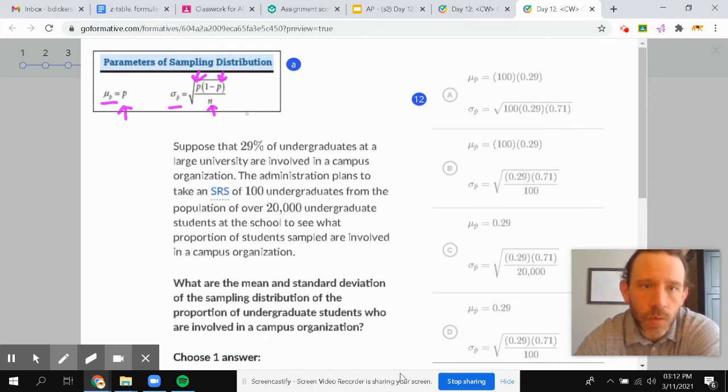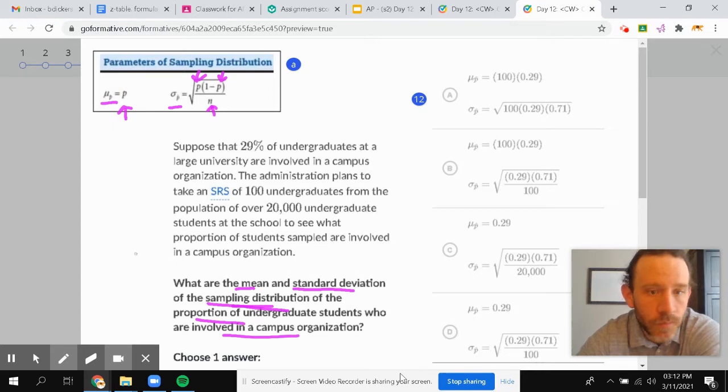All right. So what is p? P is the population proportion, n is the sample size. So when we look at this problem here and we want to find the mean and the standard deviation of the sampling distribution of the proportions of undergraduates involved in the campus organization, right? We're looking for the mean and standard deviation of the sampling distribution.